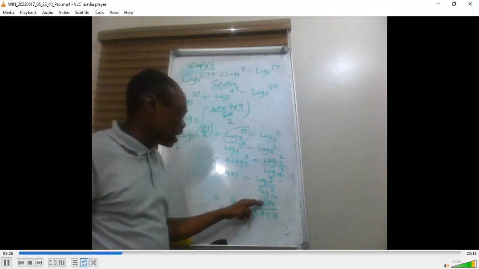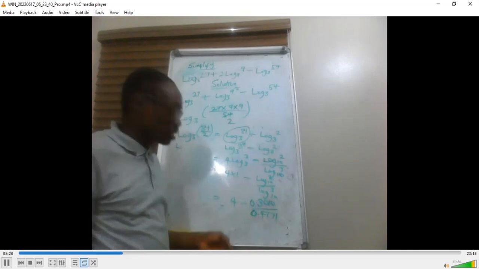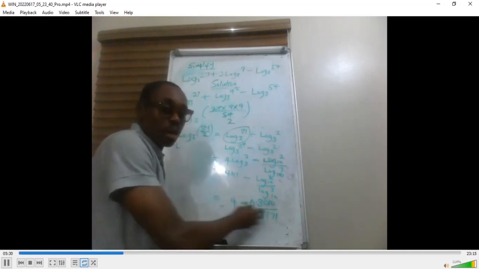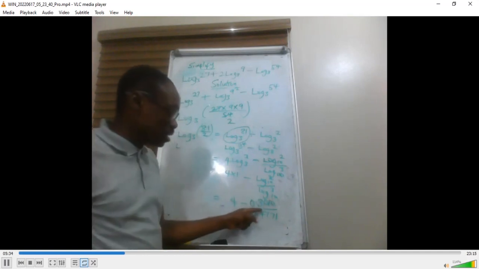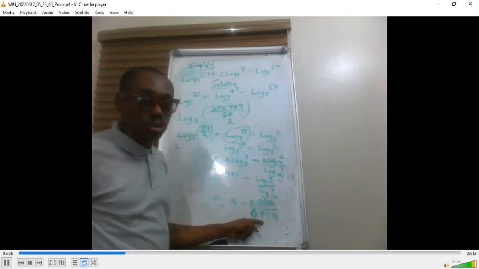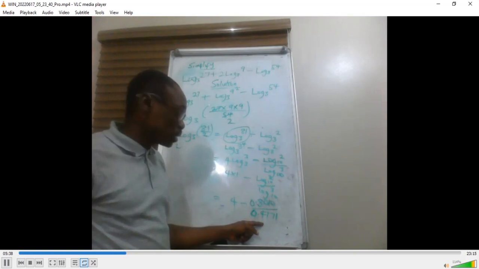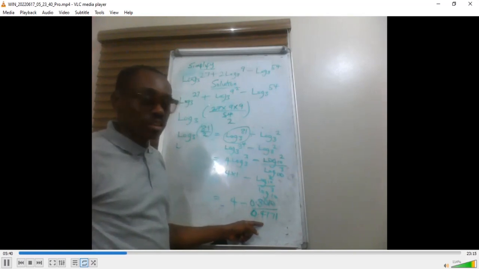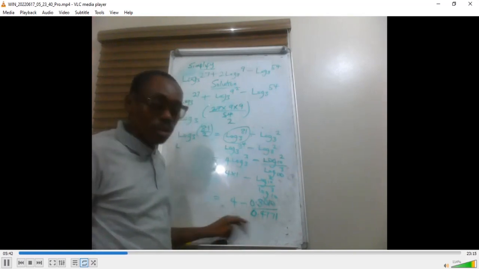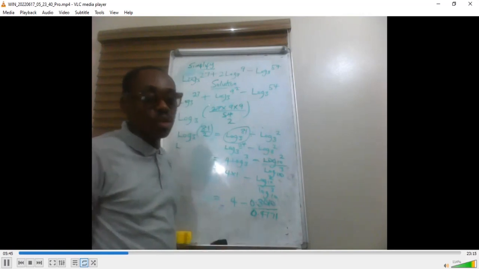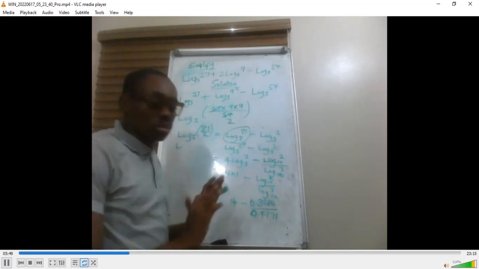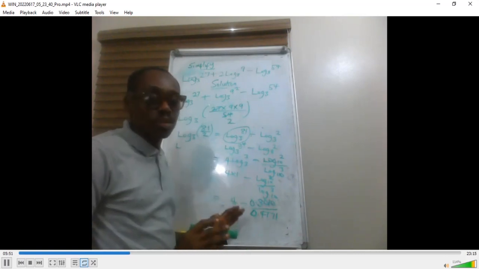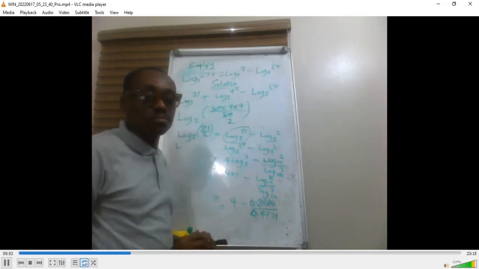When you divide this, the answer you get is going to be 4 minus whatever you get from here. Definitely, the answer you get from here is not going to be up to 1. It's going to be 0 point something. So that will be 4 minus 0 point whatever you get. That will give you the final answer. Okay, so we've successfully simplified this problem.